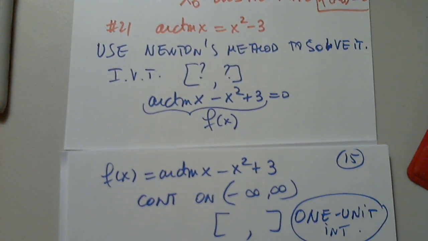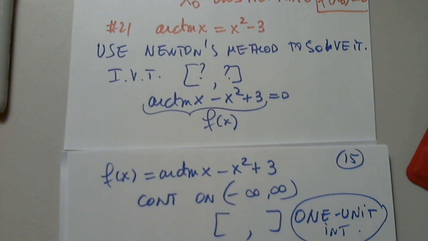And then I just give it a shot. I'm going to plug in -2 and -1. That's it, I'm done. So f of -2 is a negative number, and f of -1 is a positive number.